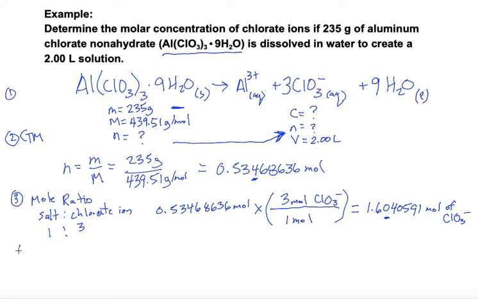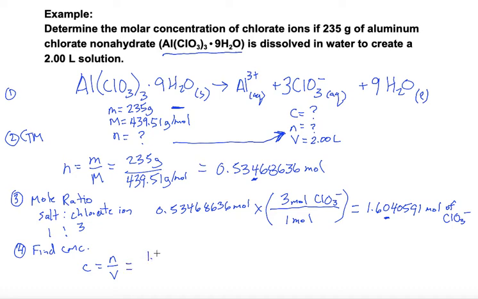Now, the last step, the fourth and final step, is to convert to what we want to find, which is a concentration, right? So I'm just going to write find concentration. So concentration is moles divided by volume. So now that we have the chlorate ion moles, and we know the volume of solution, we can solve this problem.